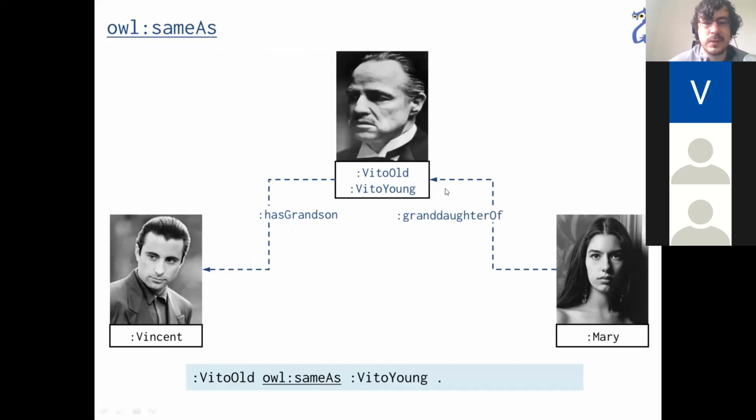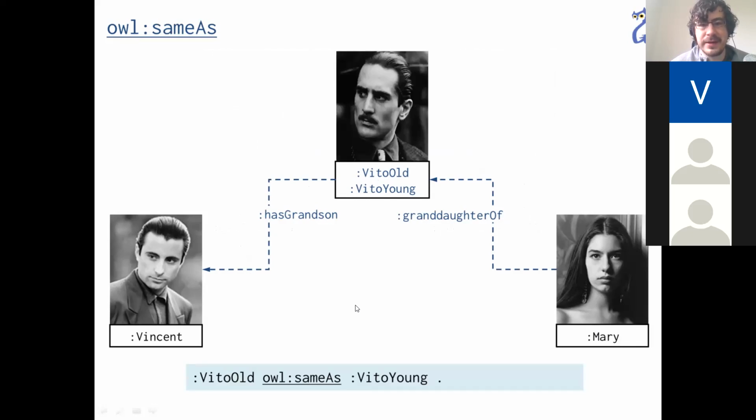Now we know there's one entity Mary is the granddaughter of, and that has the grandson Vincent. So this is to override the no unique name assumption, right? In case there are two names that refer to the same thing, we use same as.